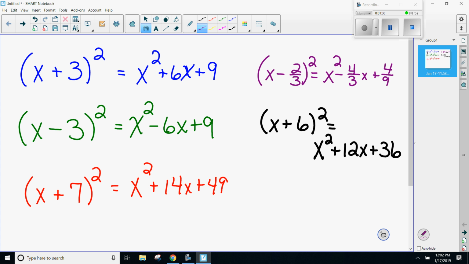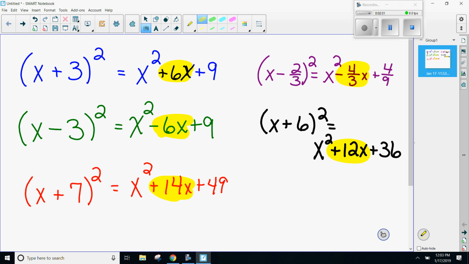Do you see any pattern so that you don't actually have to FOIL it out when you square a binomial? Yes. So if I look at it, every single middle term is double.